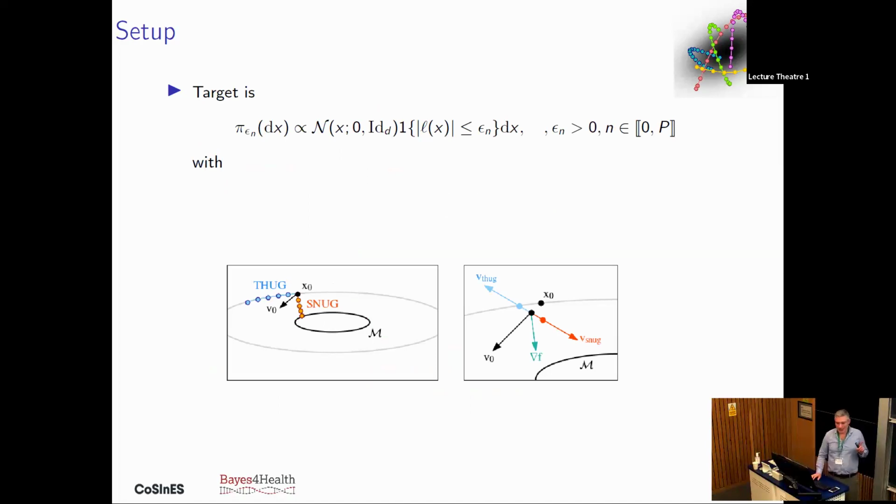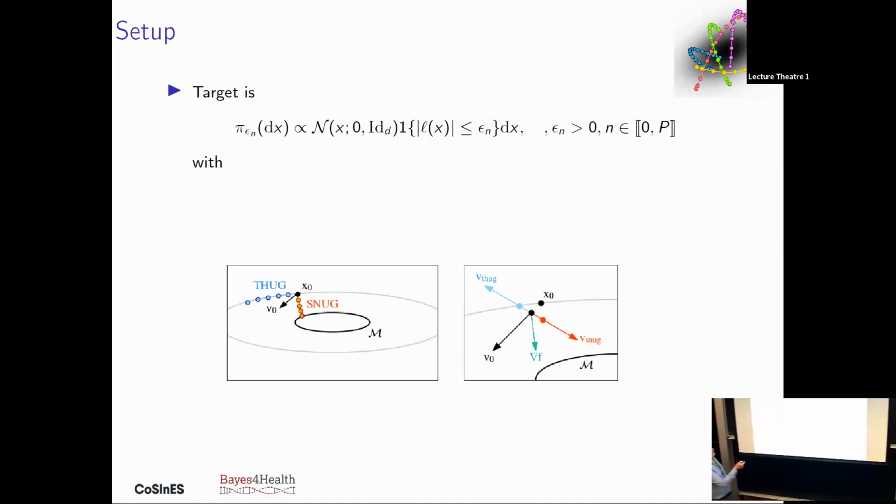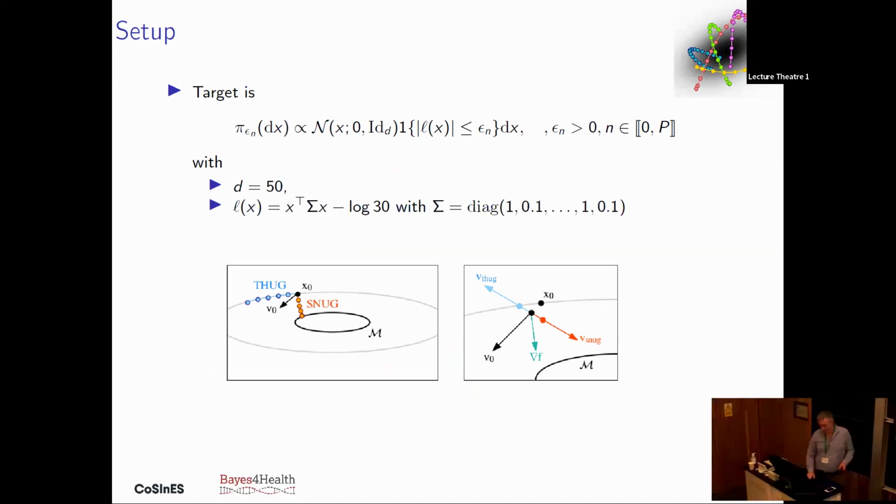So I'll show you a couple of pictures, which are some of the pictures that Mauro showed yesterday. Let's assume we are interested in sampling approximately from a manifold. In this case we consider the normal distribution, but we constrain it to live around a manifold, which is another Gaussian.